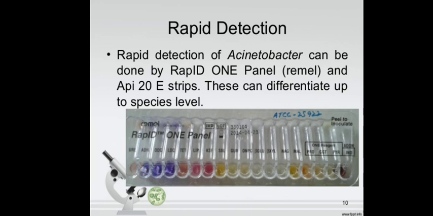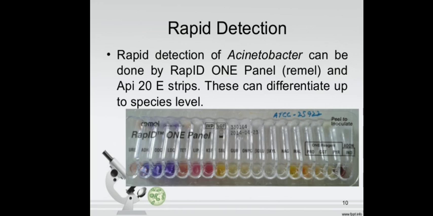How can the presence of Acinetobacter be detected? The presence of Acinetobacter in various infections or on surfaces can be rapidly detected by using various kits like the RAPID ID 32 panel and API 20E strips.